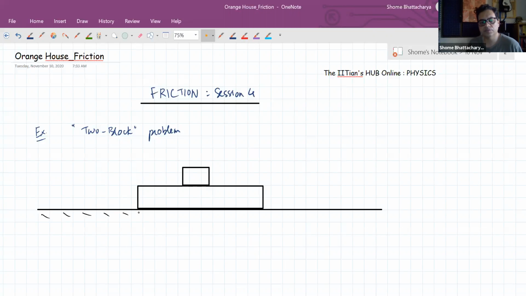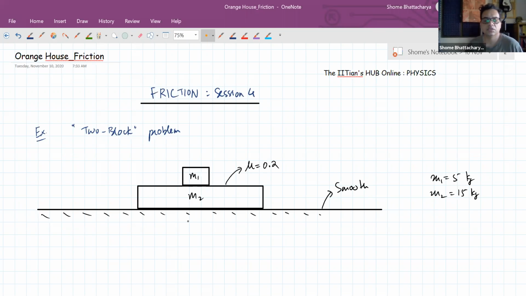So this horizontal surface on which the system is lying is a smooth surface. Let us say this coefficient of friction is 0.2 and the masses given are 5 kilograms and 15 kilograms. Now the system is at rest initially on the ground.